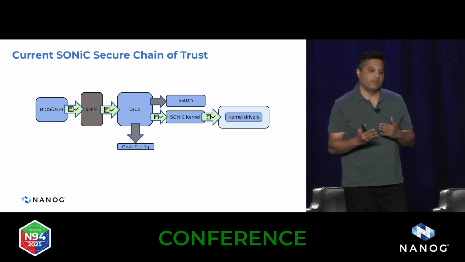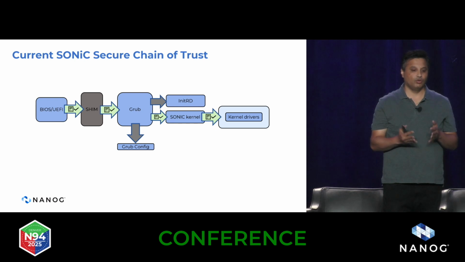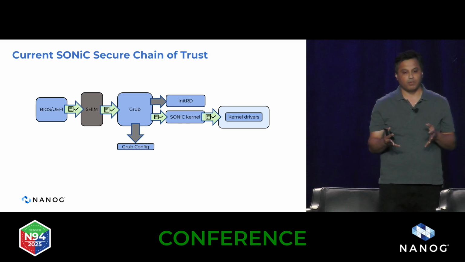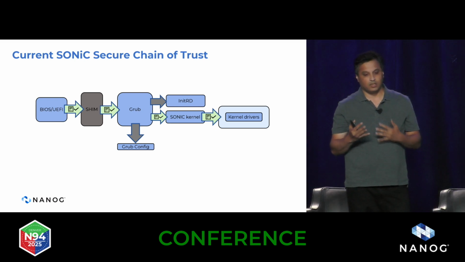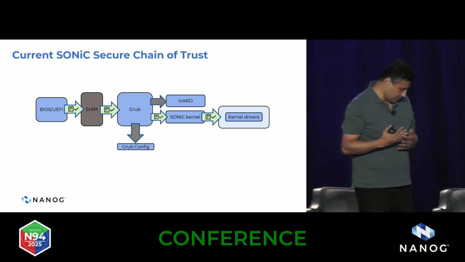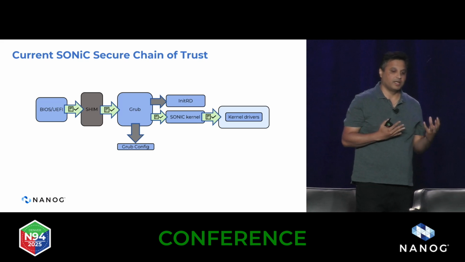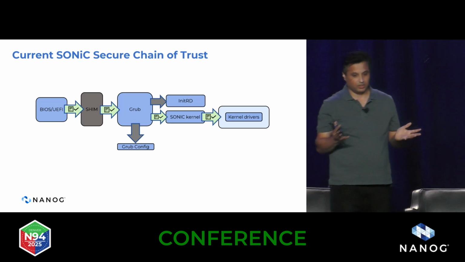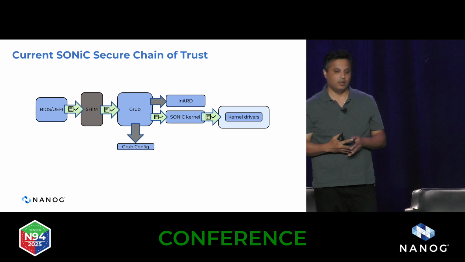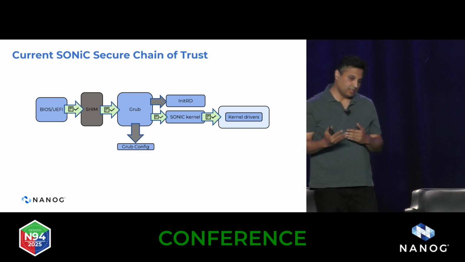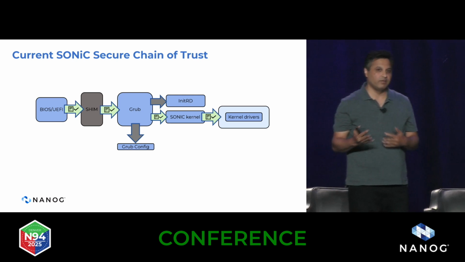So then it verifies the initrd. So here these are the very critical components in the boot path: the grub, initrd, SONiC kernel and grub config. The UP secure boot stops here, and since the SONiC kernel is a central critical component for the infrastructure, the SONiC kernel in a way further extends the trust chain for kernel drivers and all, right?